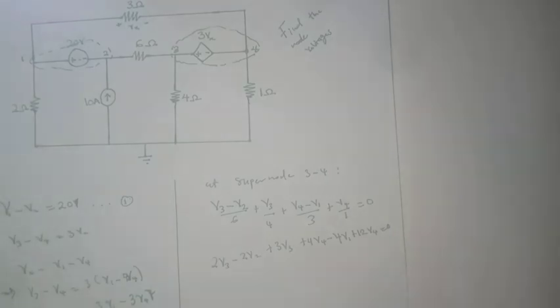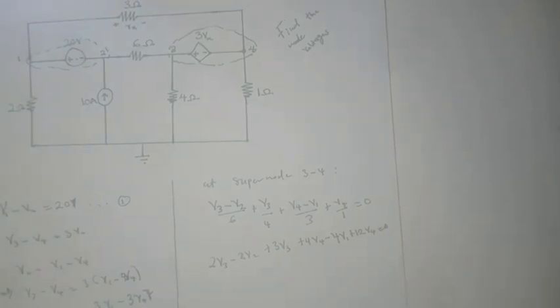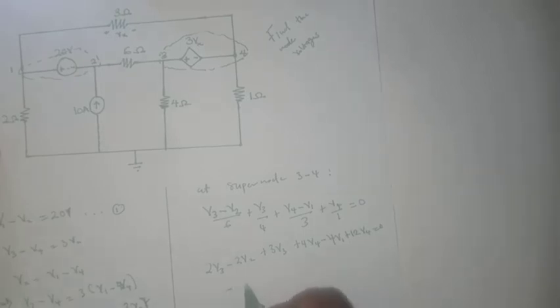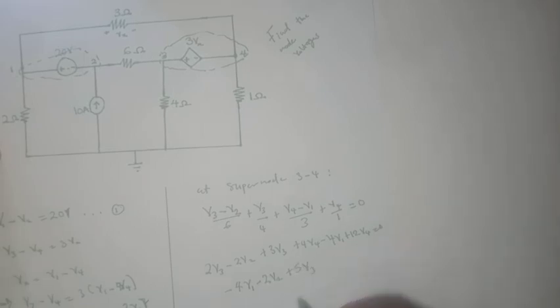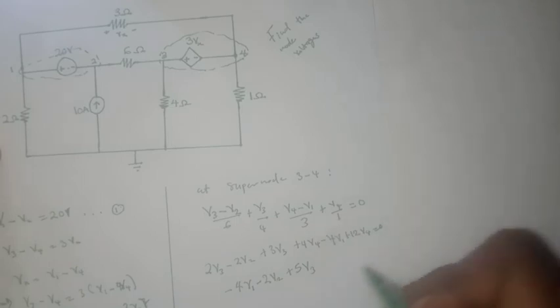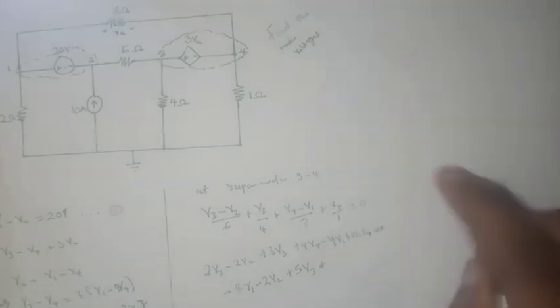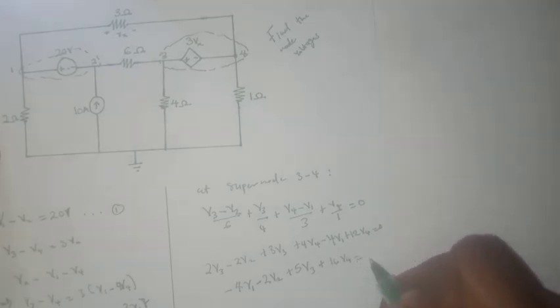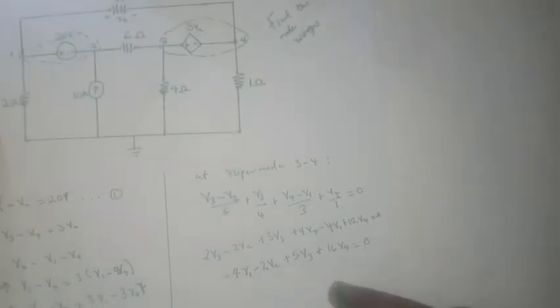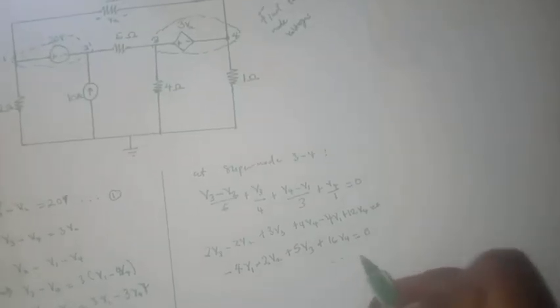Then we can simplify this: minus 4V1 minus 2V2 plus 5V3 plus 16V4 equals 0. And we can call this our fourth equation.